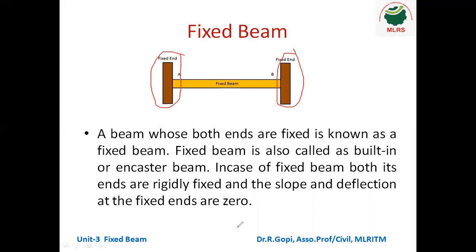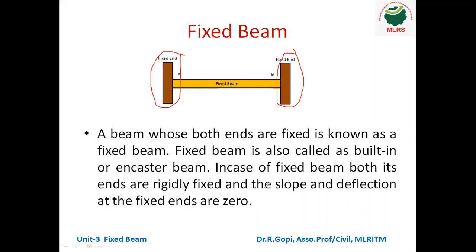The other name of a fixed beam is encastre beam. The fixed beam is also called a built-in or encastre beam. Practically they mostly call it an encastre beam, but technically it is called a fixed beam.